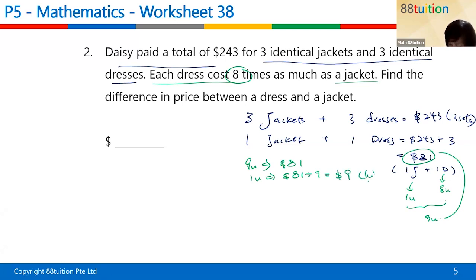Okay, that's for 1 unit. And you want to find the price difference, which the dress is 8 units and the jacket is 1 unit. Okay, so the difference will be 63, right? Oops, 63. Let me check.